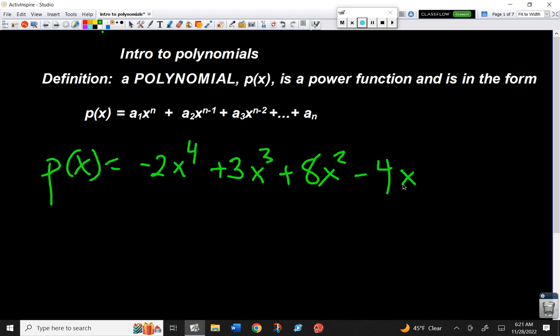And finally we'll get to something like 6. Again, the a sub 1, a sub 2, a sub 3 are the coefficients in front of the x. And of course you see my exponent goes down by 1 each time.